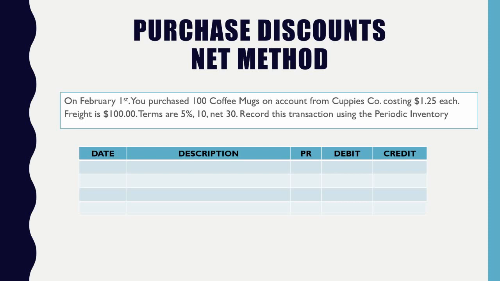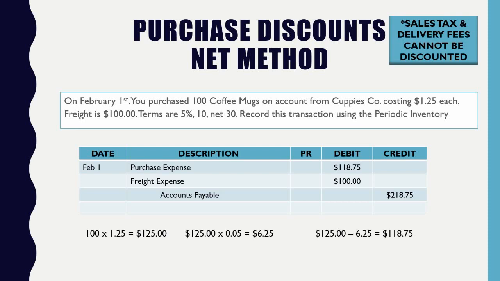In this case, we're using the net method, meaning we're going to calculate the discount immediately off of the actual purchase price. We've already talked about how much that was, which was $6.25. So when we recognize how much we owe, it's going to look exactly like this.